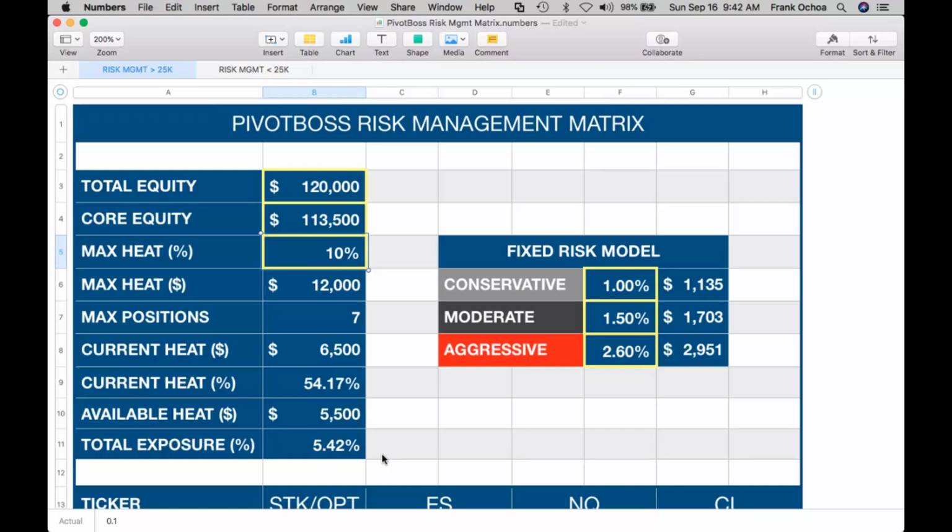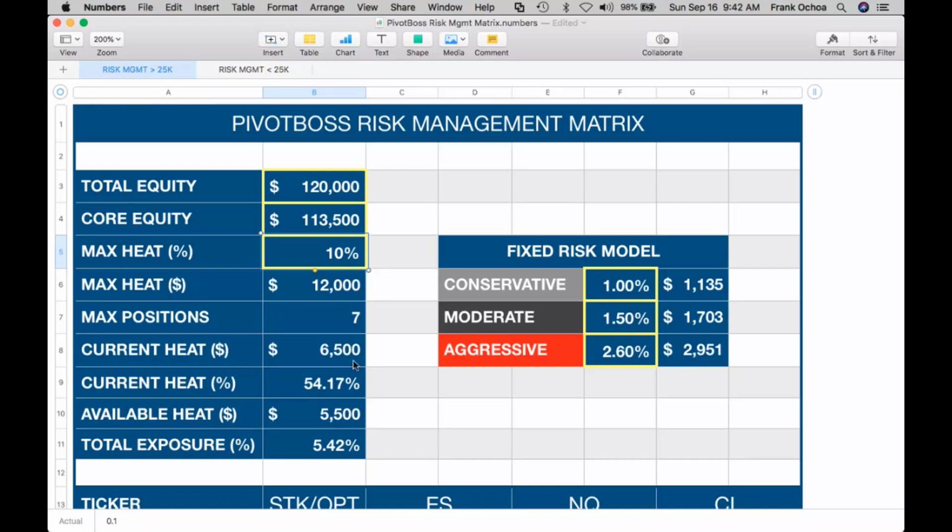Now, at 113.5, you can see we have $6,500 at risk of a max 12K that we can risk. Right? That's the 10%. Now, keep in mind that of the 6,500 that's at risk, that's only 54%, so we still have 5,500 left that we can risk.